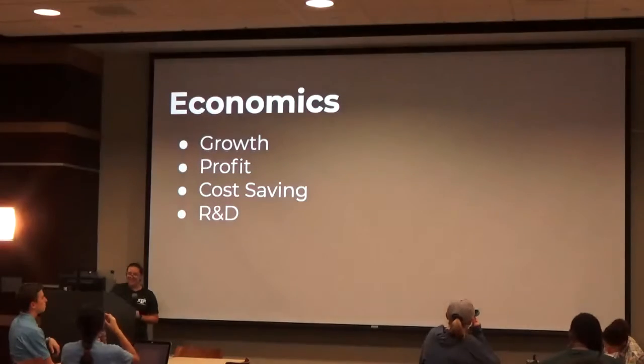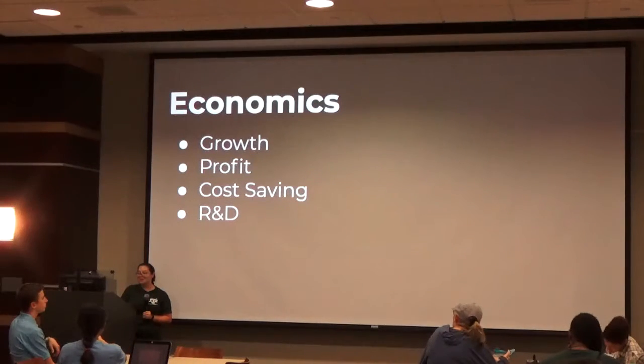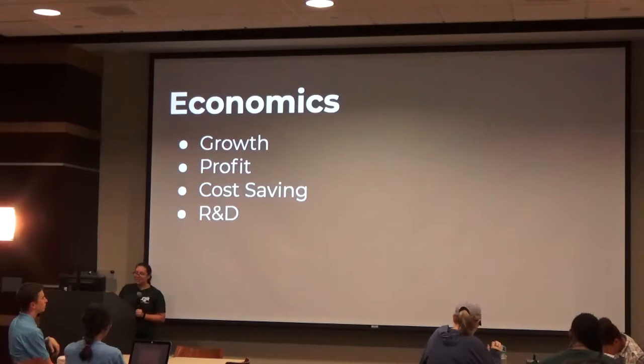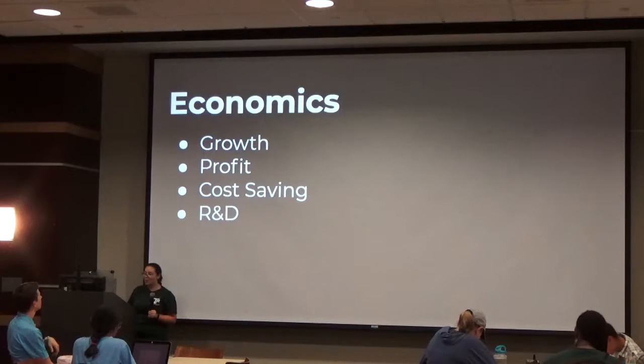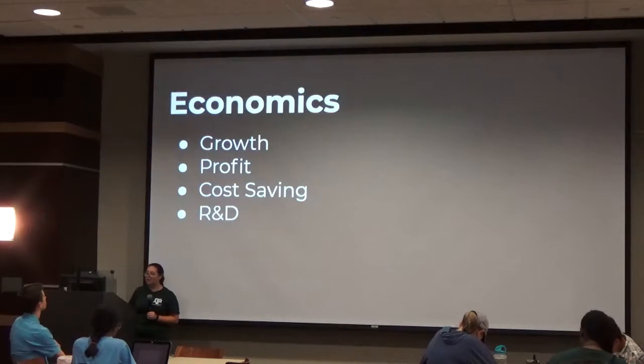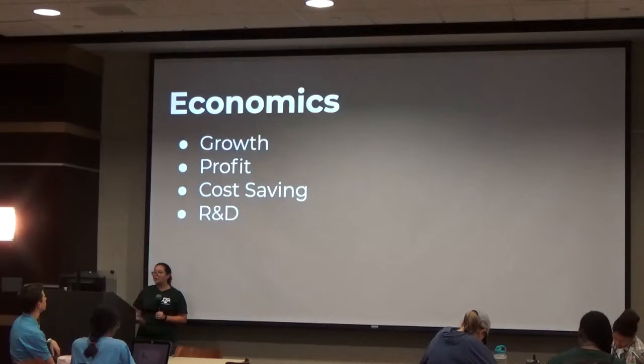So the next one is economics. Currently in the U.S., our economic model is capitalism, but it's a model of growth that achieves its growth through constant inputs of materials and labor, and time and people power, and it just continues to grow and grow and grow.